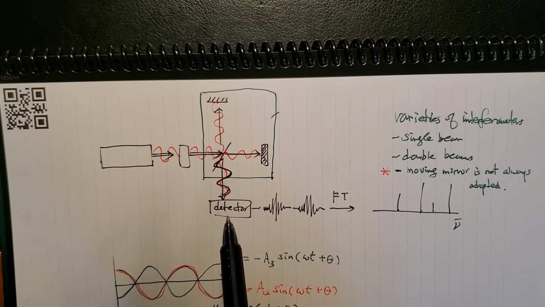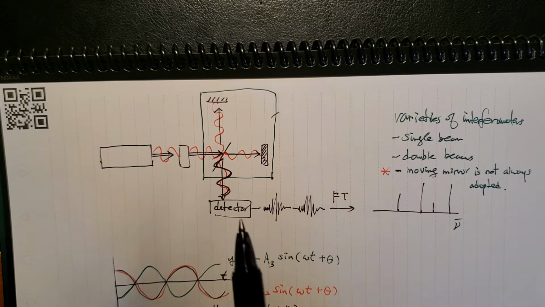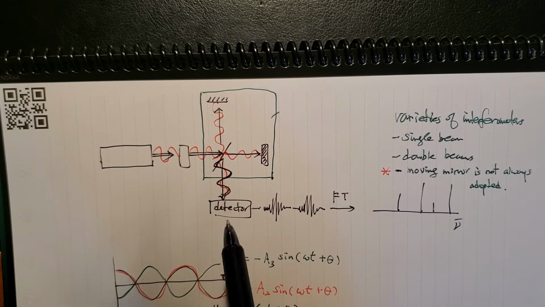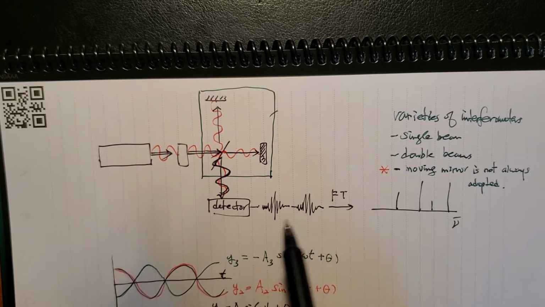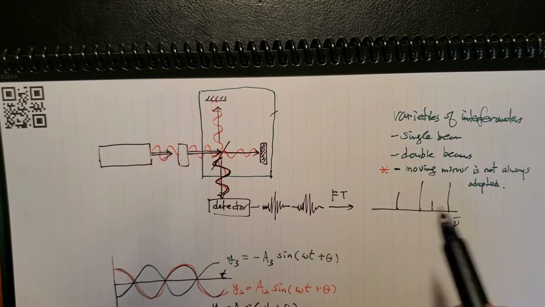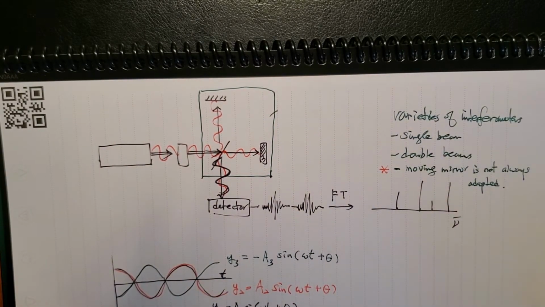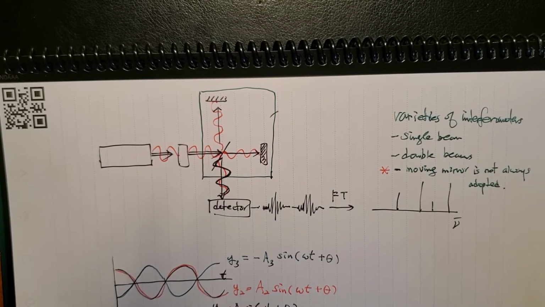You can change and arrange the location of the detector anywhere you want using a couple of mirrors, so it doesn't matter. Now I have a detector down here to give you a more insightful understanding. Then you do Fourier transformation after that, and then the data processor plots that out.